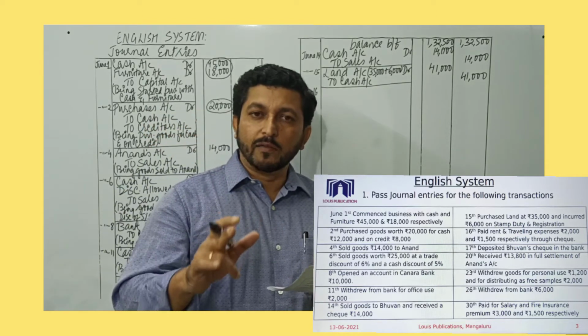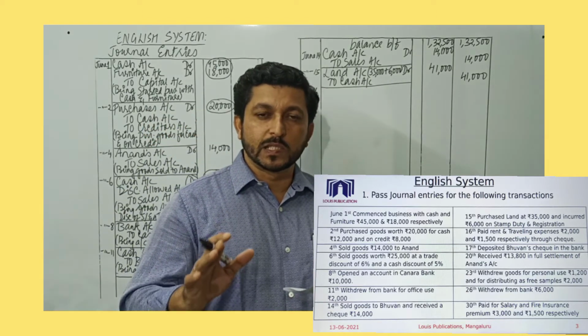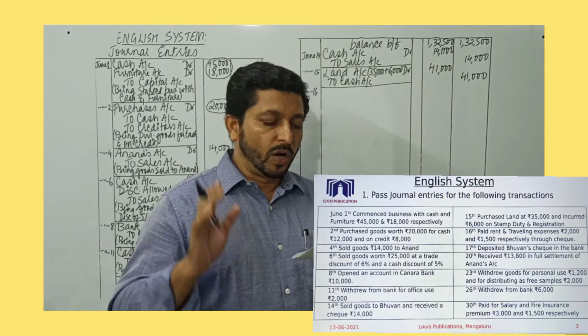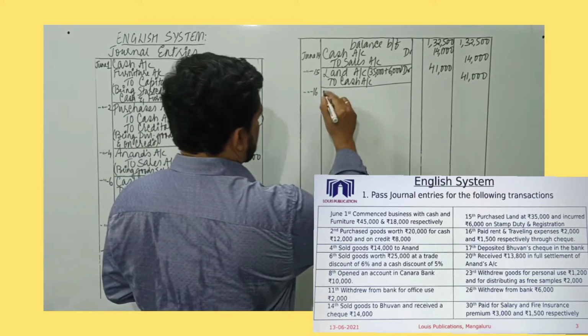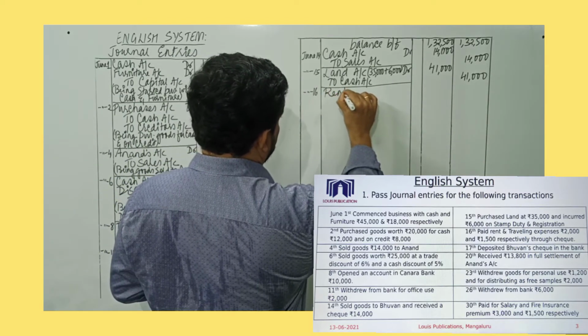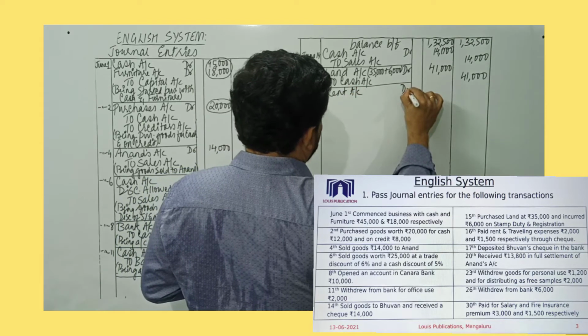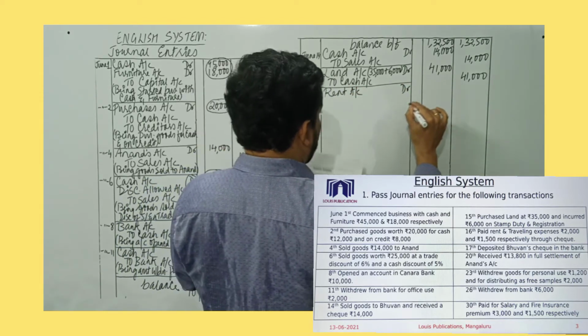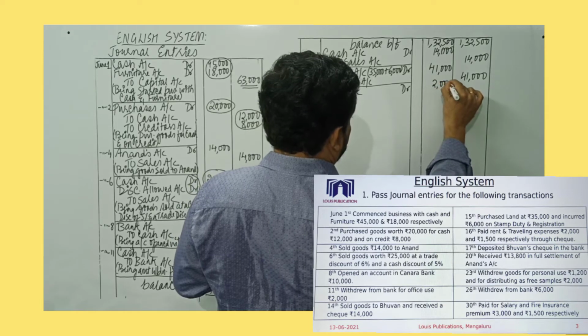Both rent and travelling expenses are expenses, nominal account. Debit all expenses and losses. So rent account will be debited. It's a nominal account, it has to be debited. So rent value is 2000 rupees.